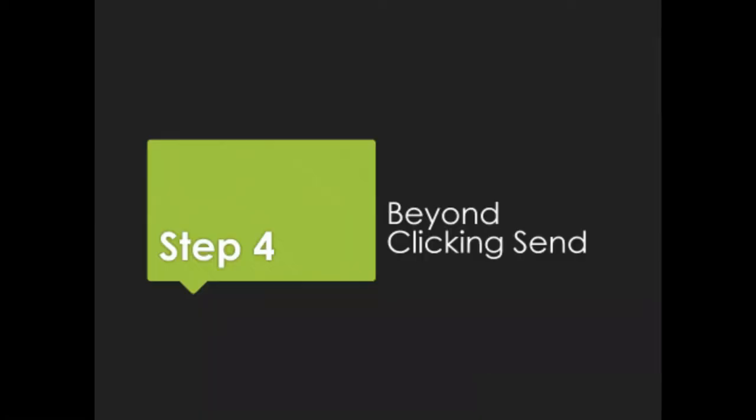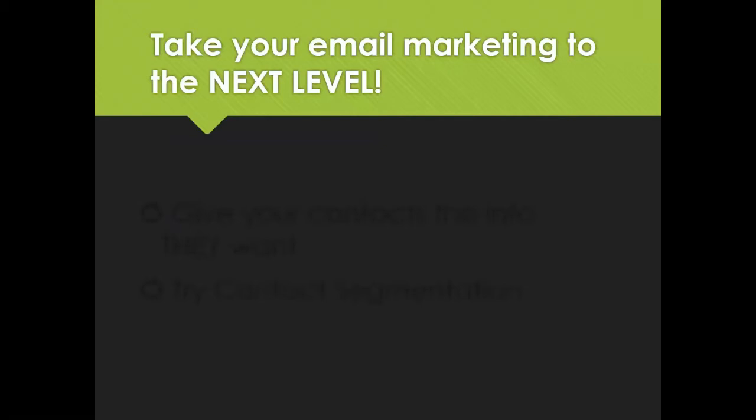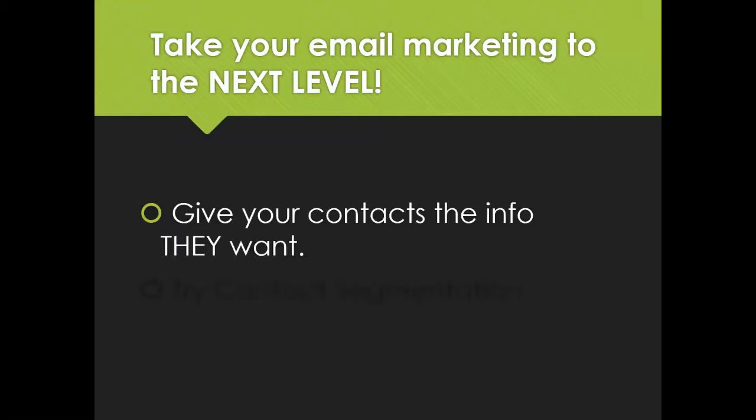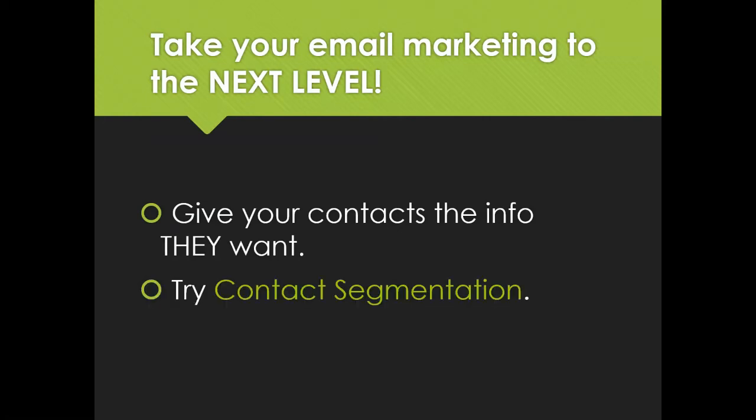You can see what they're saying and when they think delivery has the highest open rates. You've created a great email. You have clicked send. What is the next step? What now? Well, I highly recommend that you consider taking your emails to the next level, and you do this by giving your contacts the info they want. What do I mean? Try contact segmentation. This is something we have started with our chamber emails and our visitor emails, and we are seeing wonderful results with it.